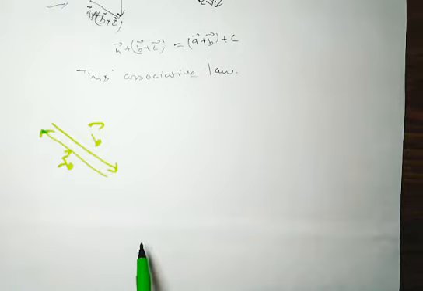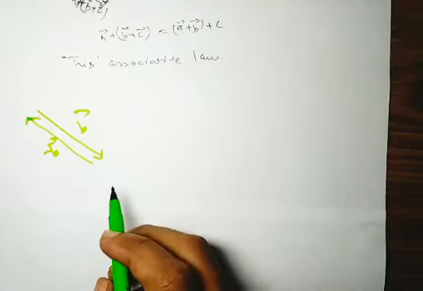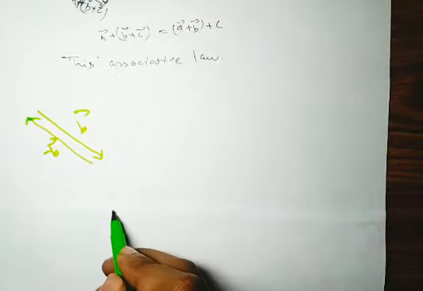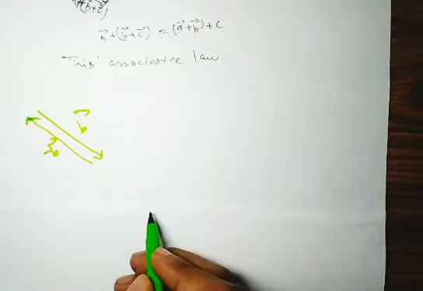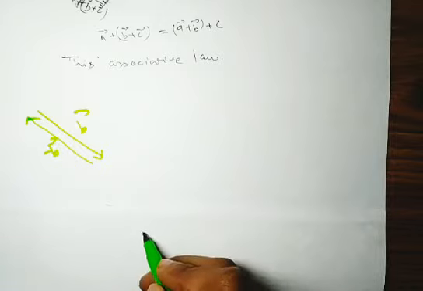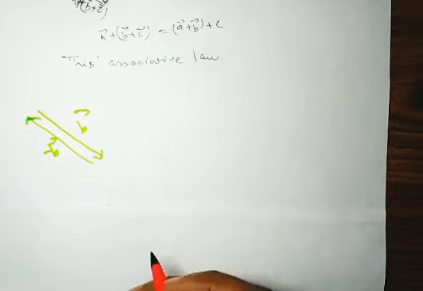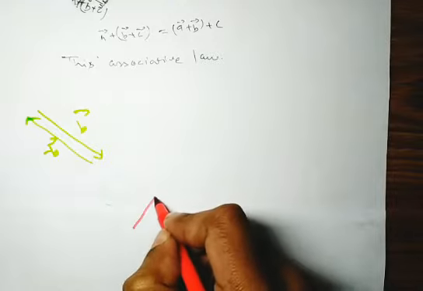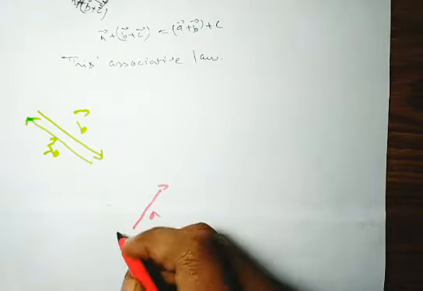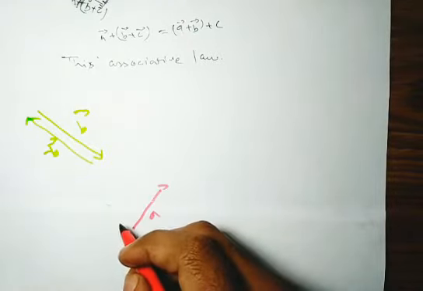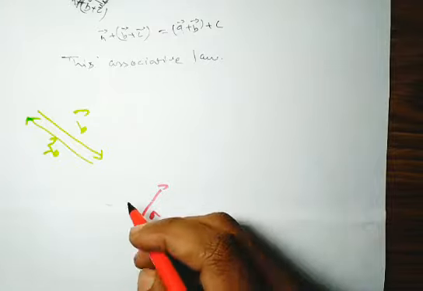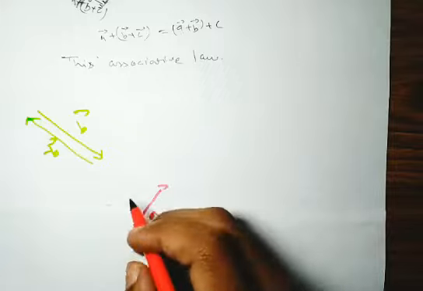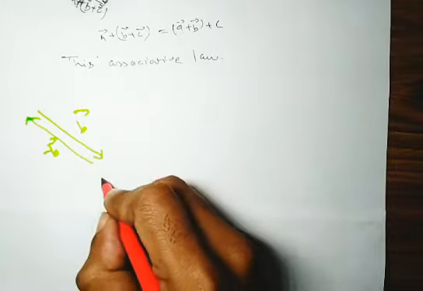If we take an example, we are considering this vector A, and let us consider a vector like this.